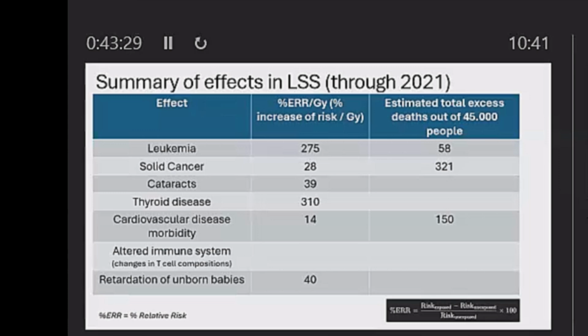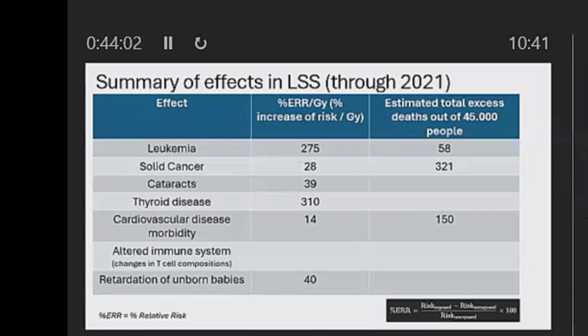So there were 45,000 people that were followed in this cohort. 58 of them got leukemia, and this is above the expected rates of leukemia and solid cancers in the population. These are excess deaths, right? 58 got leukemia because of the radiation dose. About 321 of them got solid cancers, and 150 of them died from heart attacks and strokes.